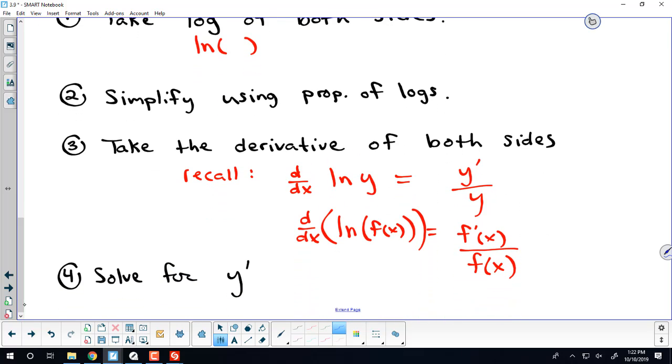When we solve for y prime in that final step, that always entails multiplying through by this y here. And it's improper to leave that as y, so you just resubstitute what your original function was for that y as the final step. And most of these that we've seen, if you've done any of these yet in the homework, they're pretty gnarly looking. I don't expect you to multiply those out, so just keep the y multiplied by what you had on the right-hand side. Does that make sense?